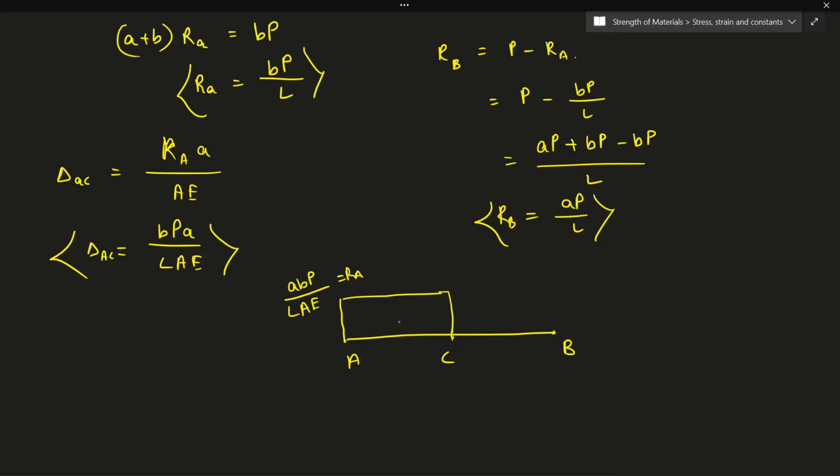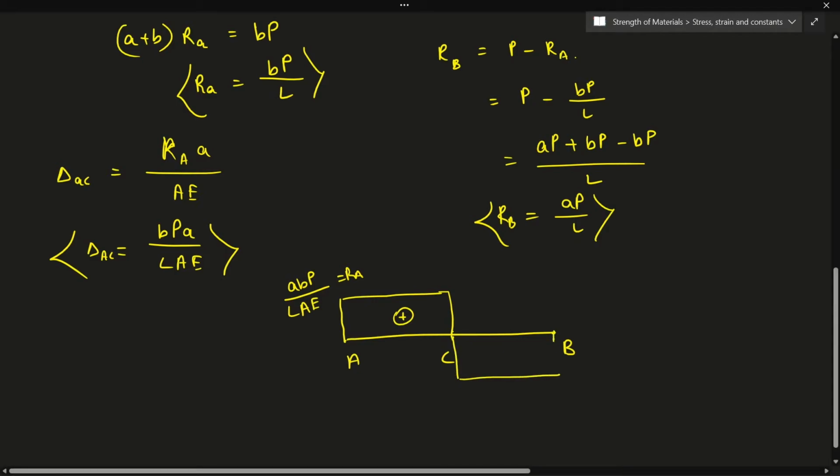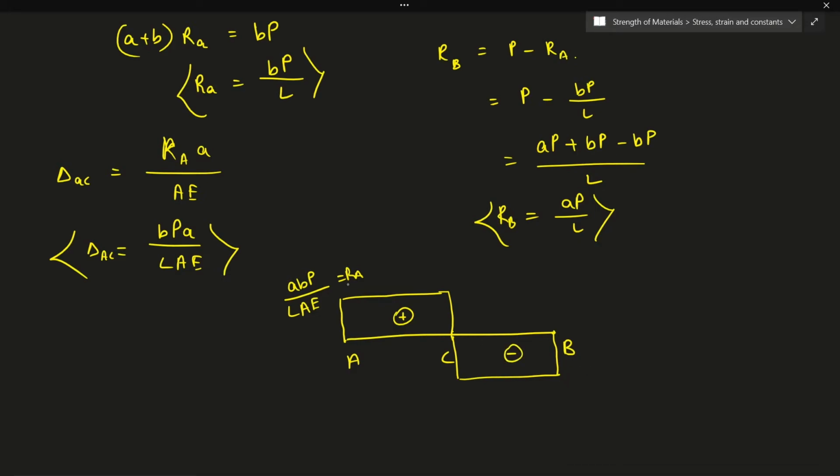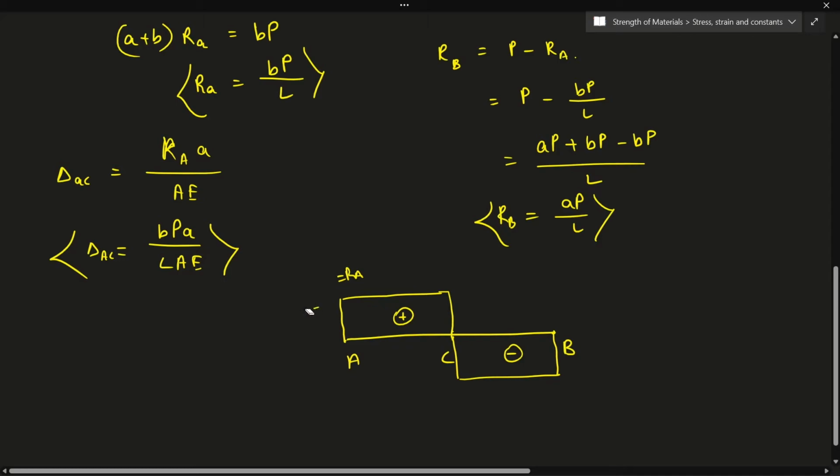Now here this is plus, and now because CB is under compression, we'll have negative. This value will be given as, sorry, the RA value is BP by L, so this will be equal to RB, so which is nothing but AP by L, right? So this finishes this problem.